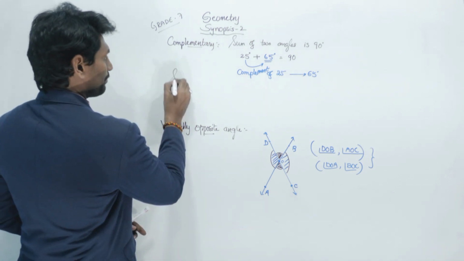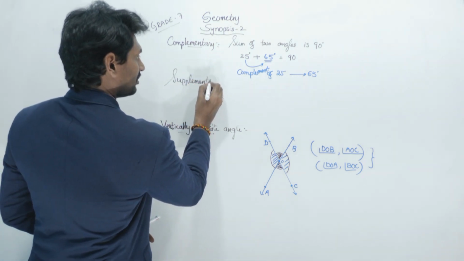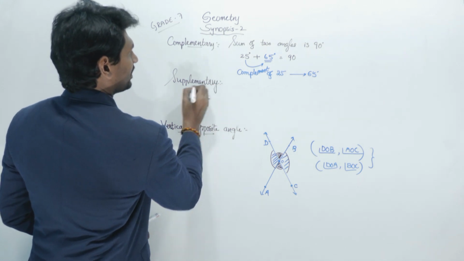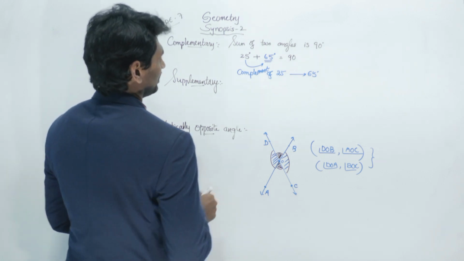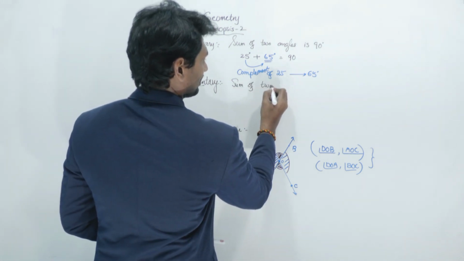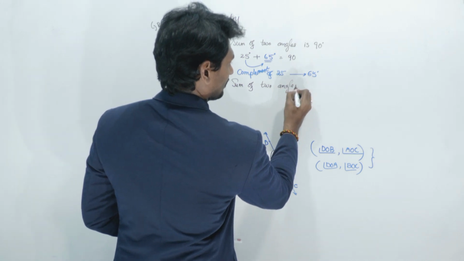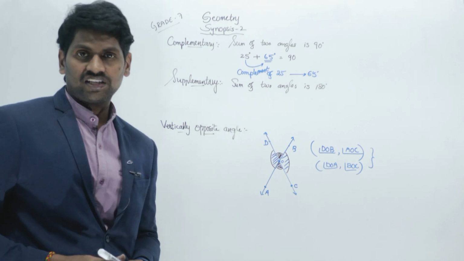In the same way, supplementary angles. Supplementary angles means the sum of two angles is 180 degrees. Such types of angles are called supplementary angles. Okay?